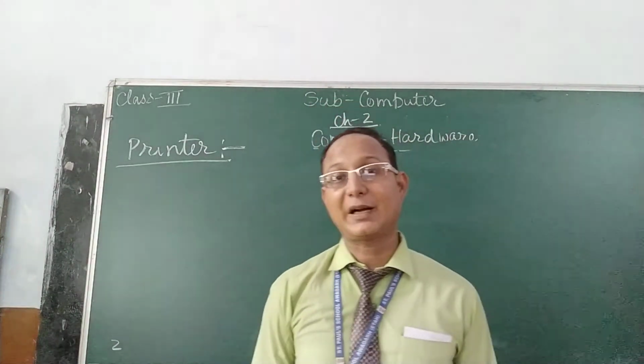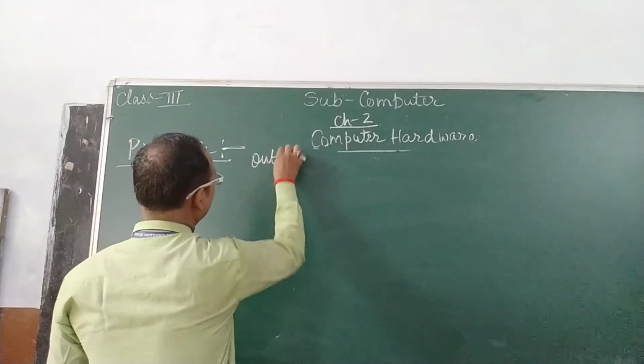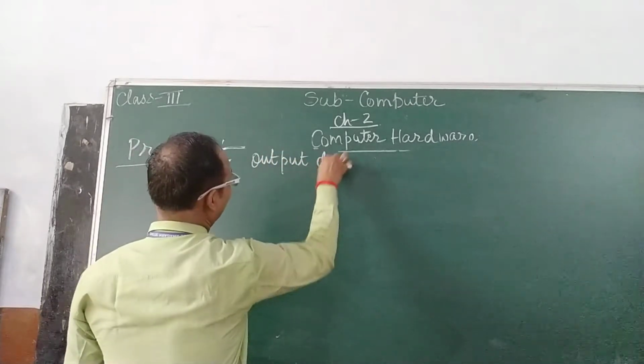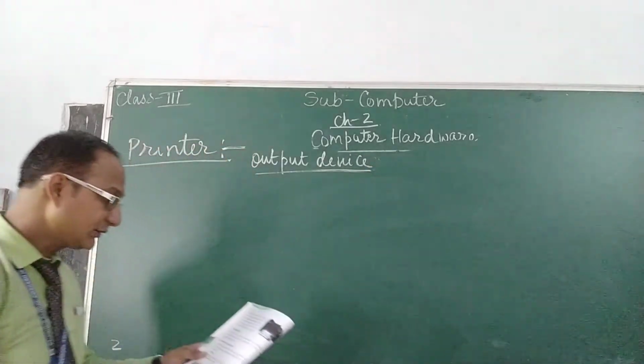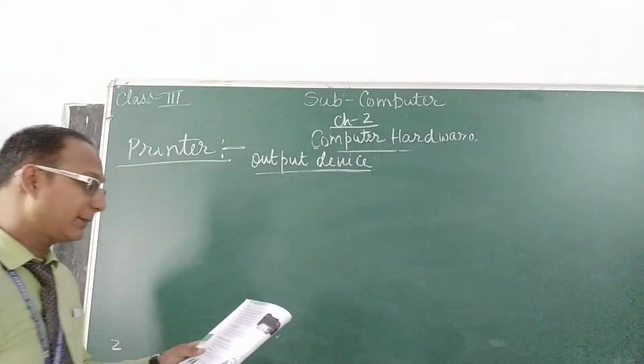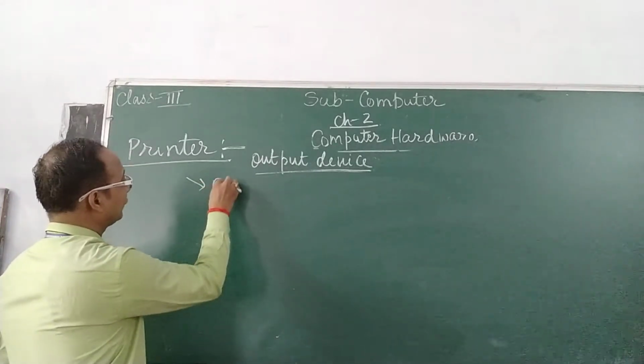This is a printer. What type of device is it? It is an output device. It gives the printout. What does it give? It gives printout.